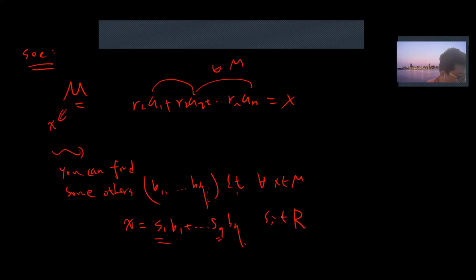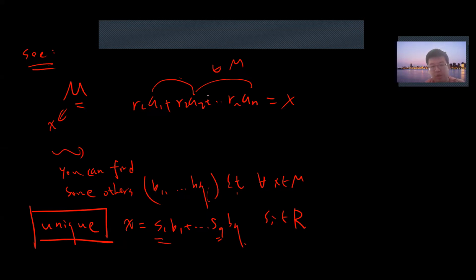The difficult part of the theorem is this uniqueness. It's not guaranteed. You only have that, in the abstract sense, you can write x as a linear combination of a1, a2, up to an because the module is finitely generated.